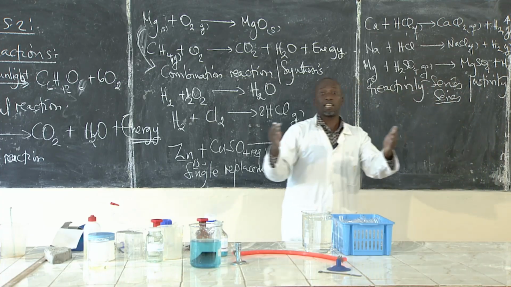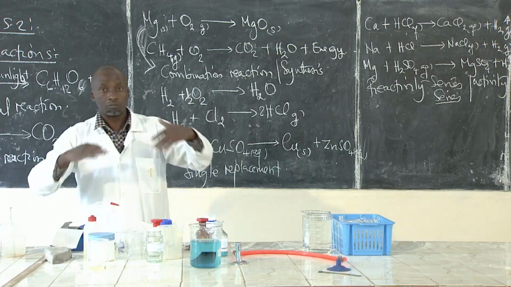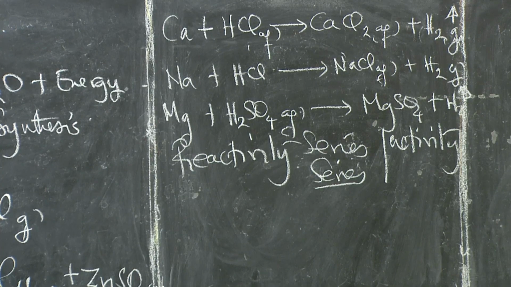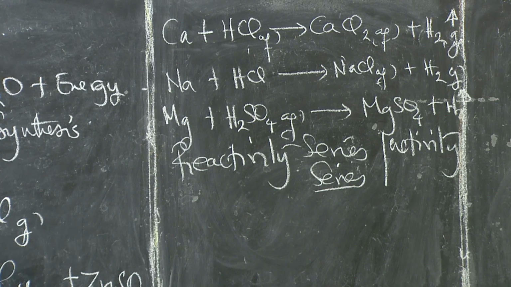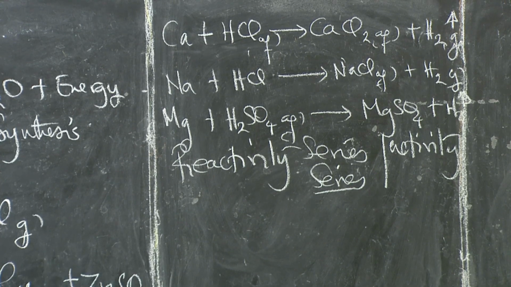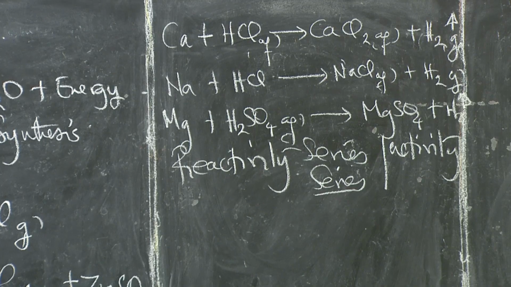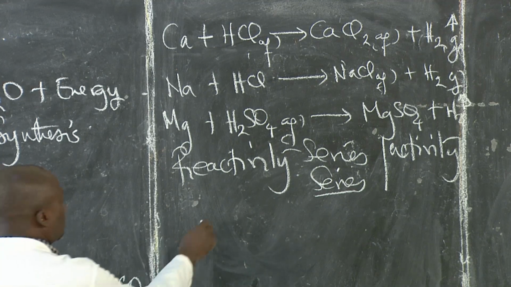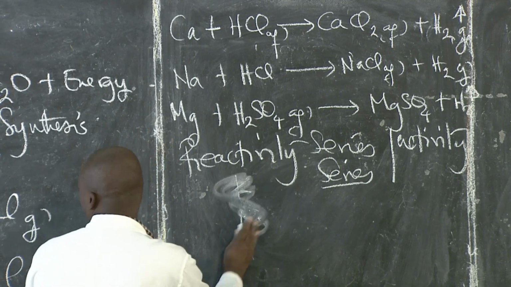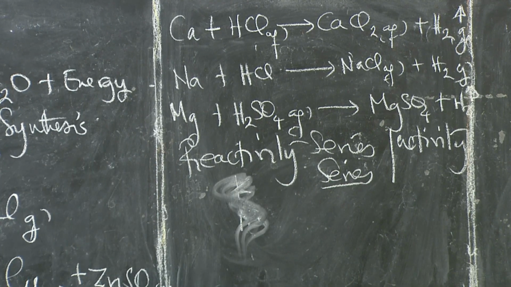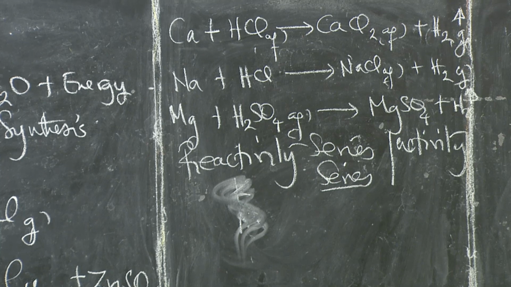The activity series is the arrangement of metals in order of their reactivity, either with water, with oxygen, or with acids. I think I can put it down to make it very clear.